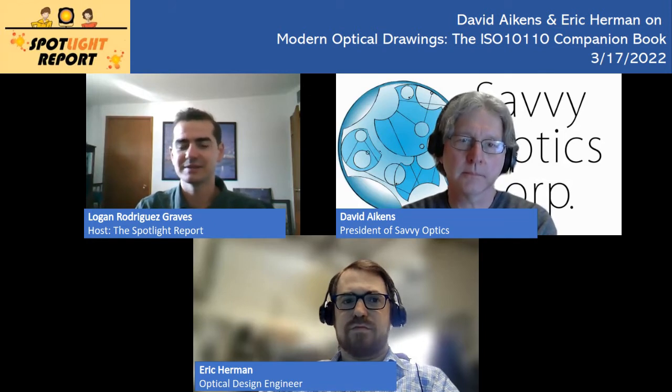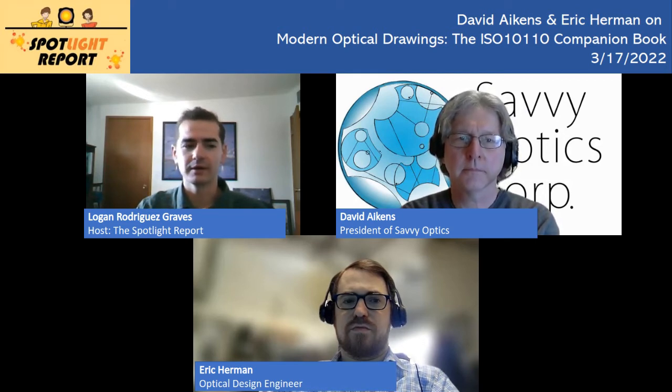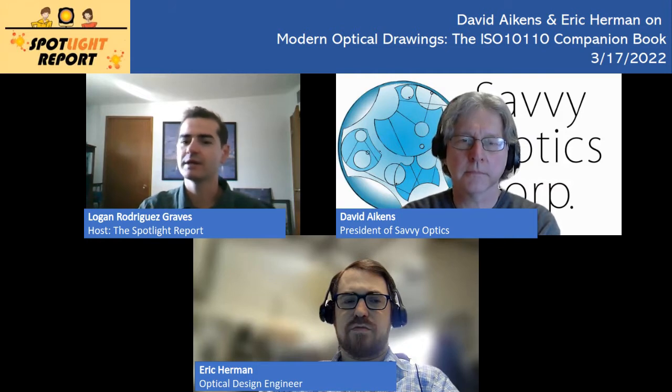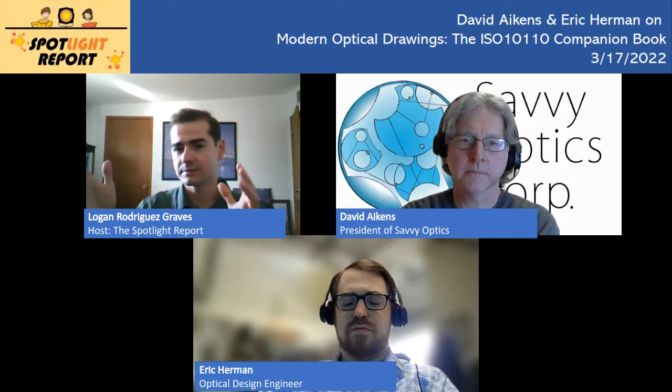And you address this in some of the later chapters, that as we're increasingly moving towards freeform and more peculiar surfaces, that might not always be the case. So in this drawing, you cover this in chapter 1, but is it a lens? When I make a drawing, am I going to make it just of a lens for every lens in my system, or will it be the whole system?